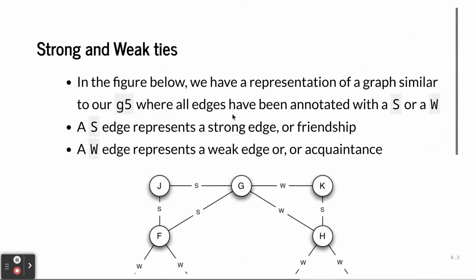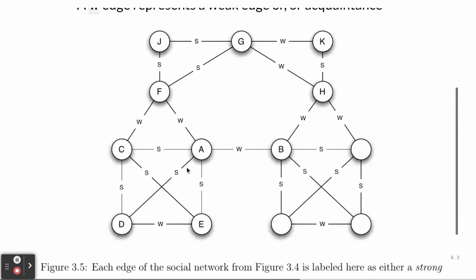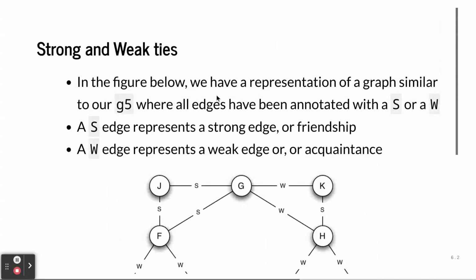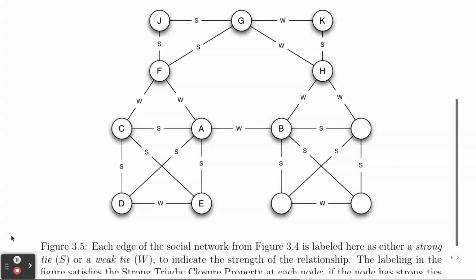In the figure below, we have a representation of a graph similar to G5, where now, instead of only including the edges, we have also labeled each edge with either an S, which represents a strong tie, or a W, which represents a weak tie. This is the same graph we were working with.